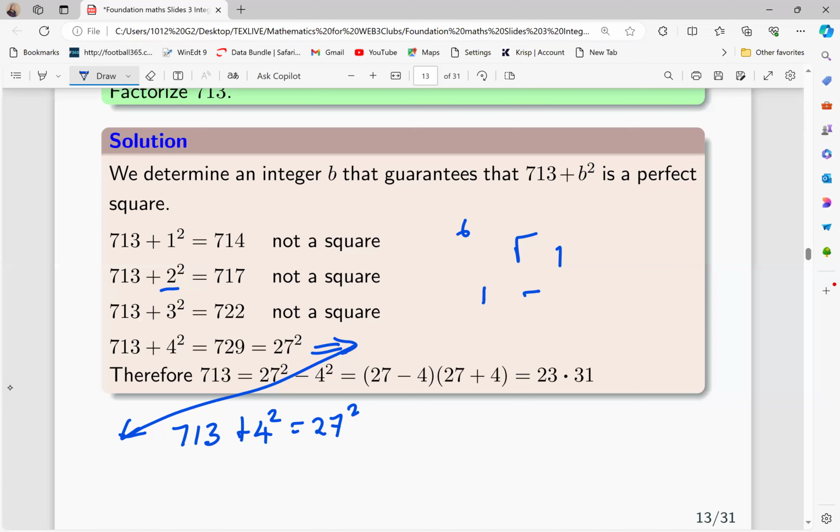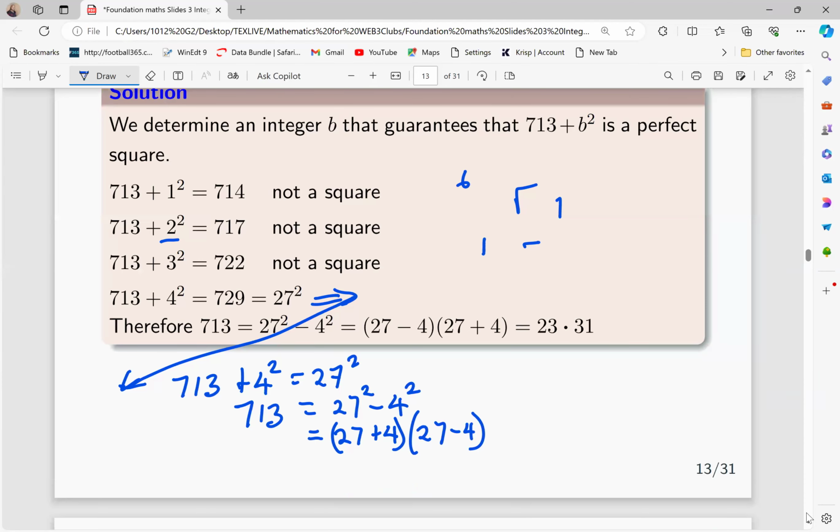So now take 4 squared to the other side of the equal sign. You have 713, which is 27 squared, minus 4 squared. And we know how to factorize the right-hand side. The right-hand side is the same as 27 plus 4 times 27 minus 4. You can factorize that way.